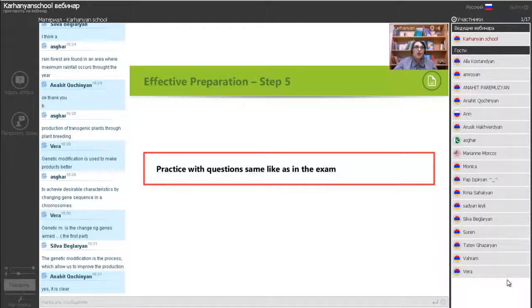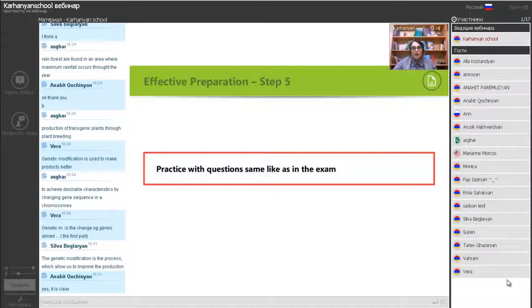Practice with questions the same as in the exam. For example, if you prepare some questions from books that are really difficult and not the same as in the exam, you may have some problems.